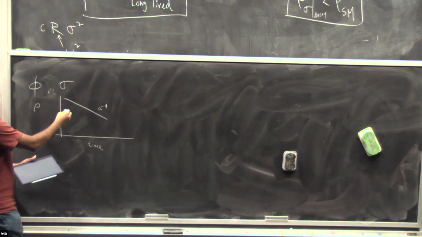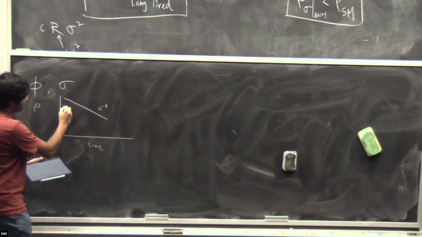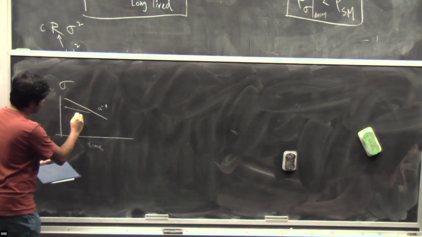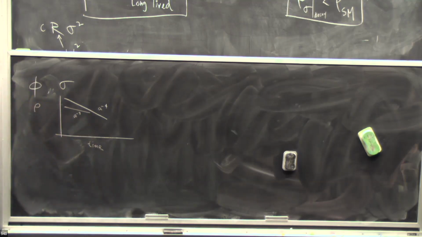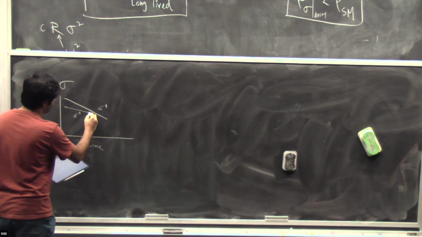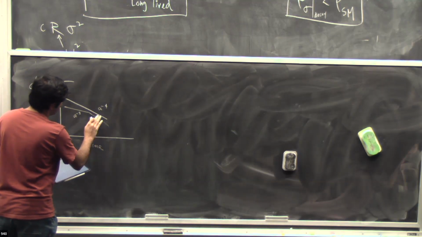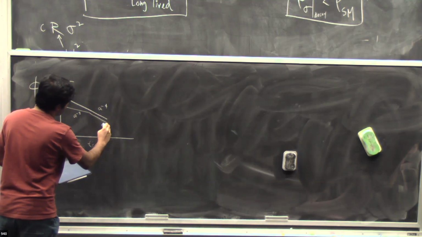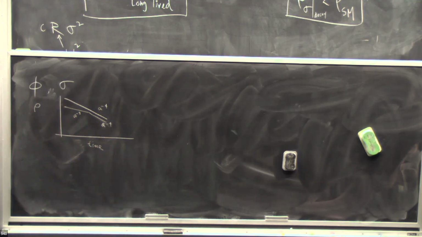Sigma, on the other hand, is subdominant during inflation, but then it dilutes only as a to the minus 3. And then at some point, it decays back into radiation. So you have again a to the minus 4 dilution.